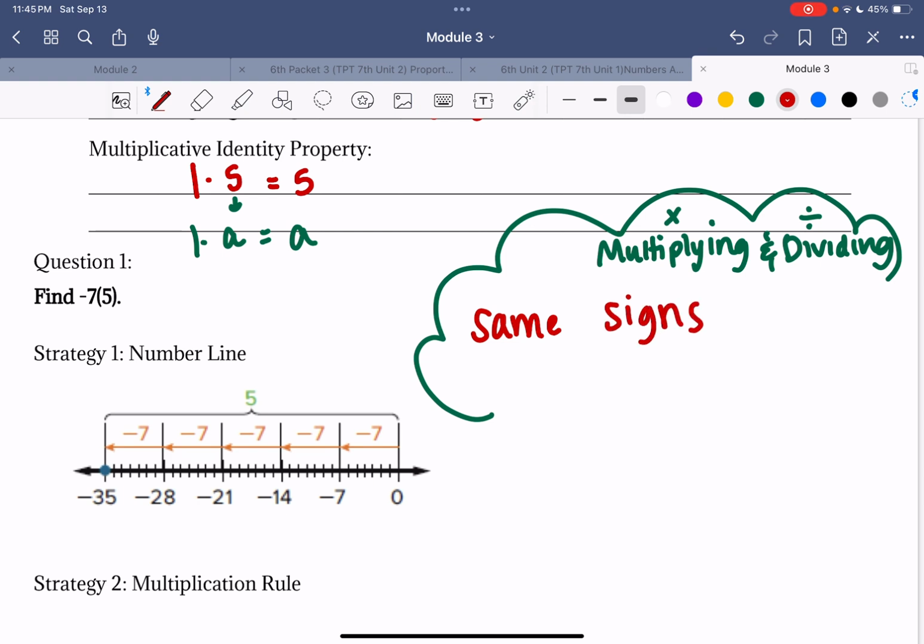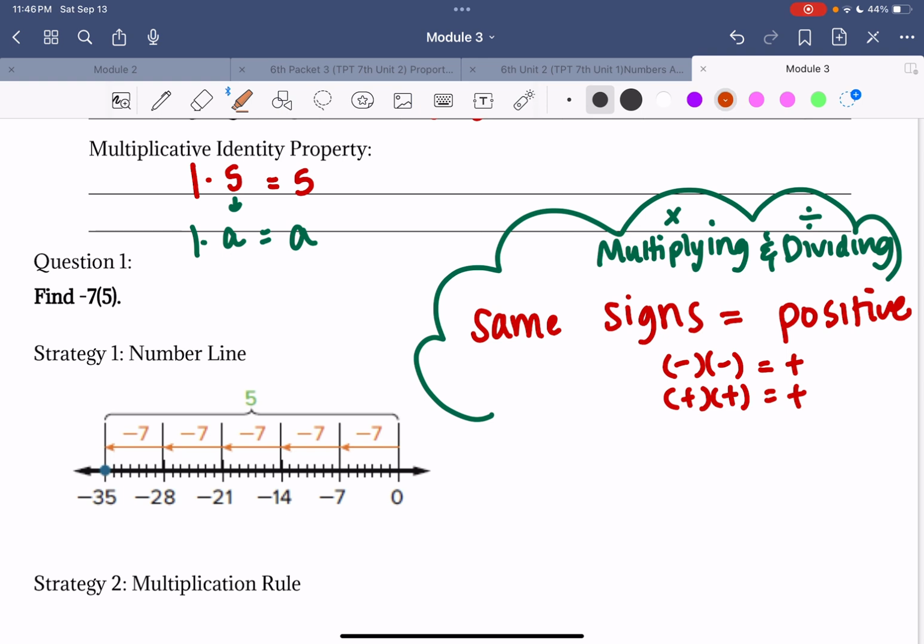The answer, the same signs being multiplied, always going to equal a positive answer. So if you have like a negative times a negative, it's going to be positive. If you have a positive times a positive, it's going to be a positive. Any situation where you have the same signs, you're going to get positive, okay?